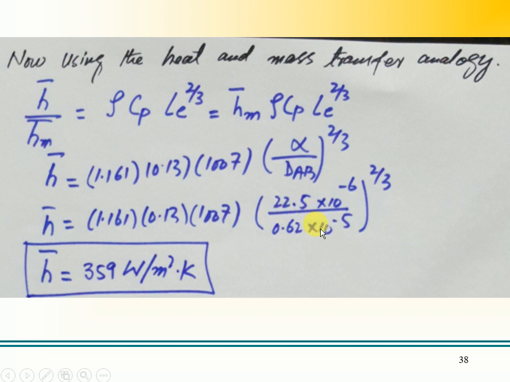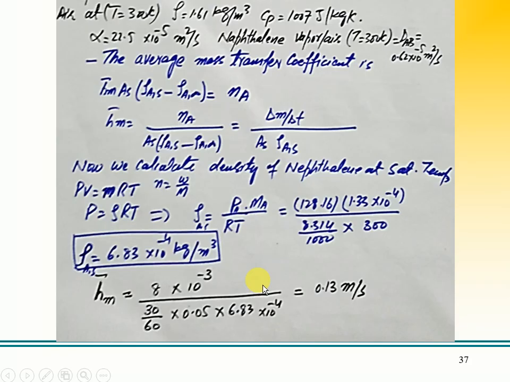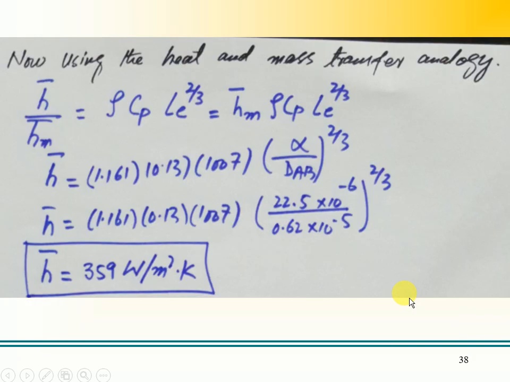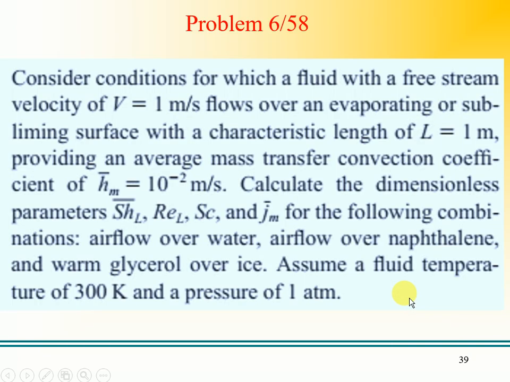Remember that we take the value of A, which is basically air, and alpha is also read from table A4. We can find the value of h bar is 359 watt per meter square Kelvin. So the convective heat transfer coefficient is 359 watt per meter square Kelvin, and the mass transfer coefficient is only 0.13 meters per second.